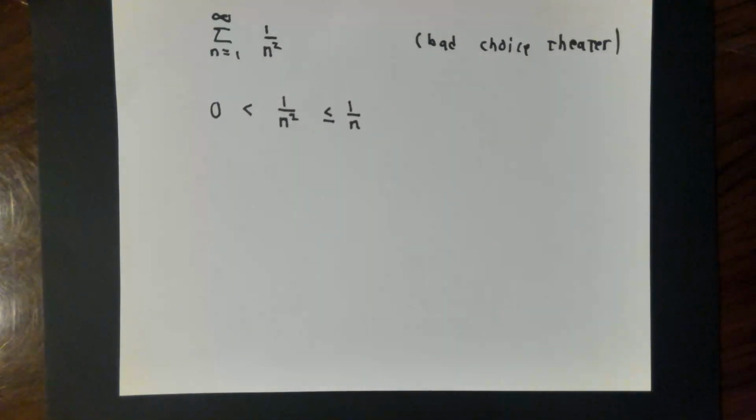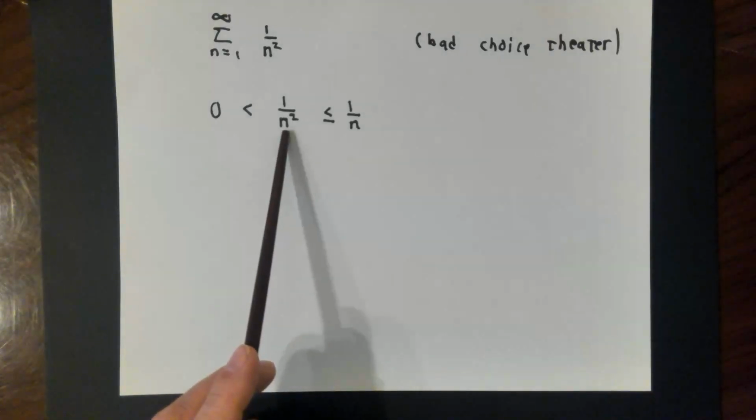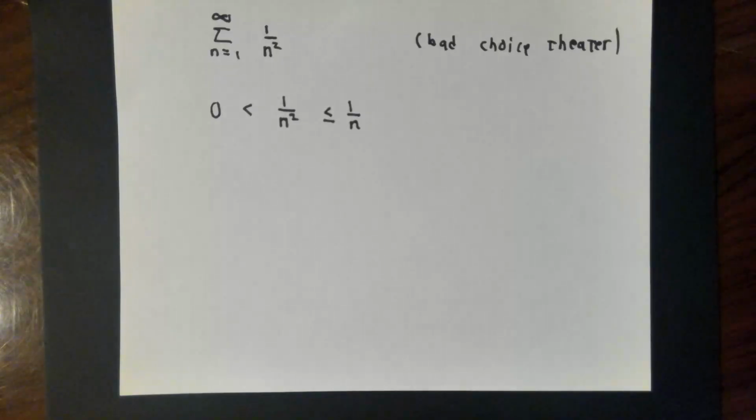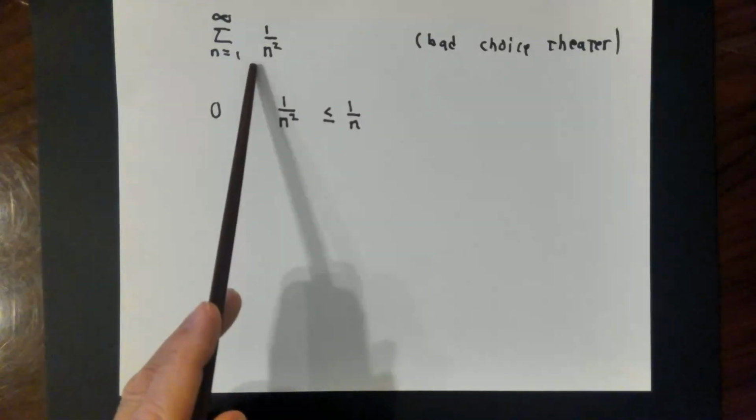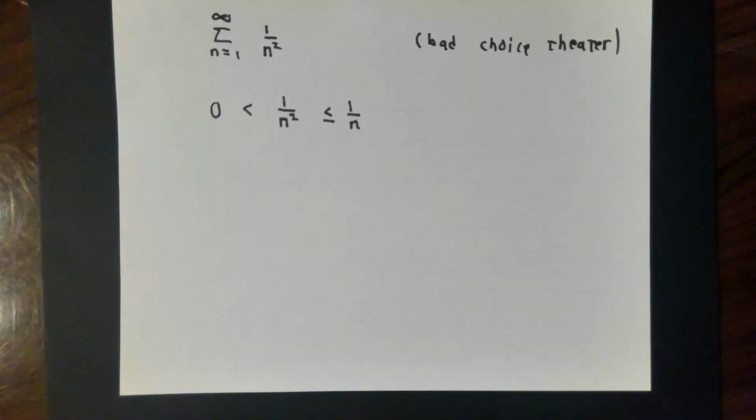The second part says if the sum of the quantities on the inside diverges, then so does the sum of those quantities. But if I didn't know about this series already, I wouldn't know if this converges or if it diverges. Both parts of the direct comparison test in this particular case fail to tell me anything.